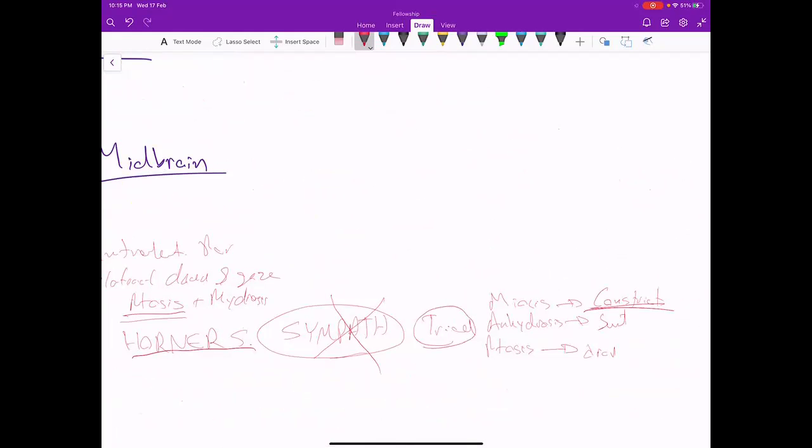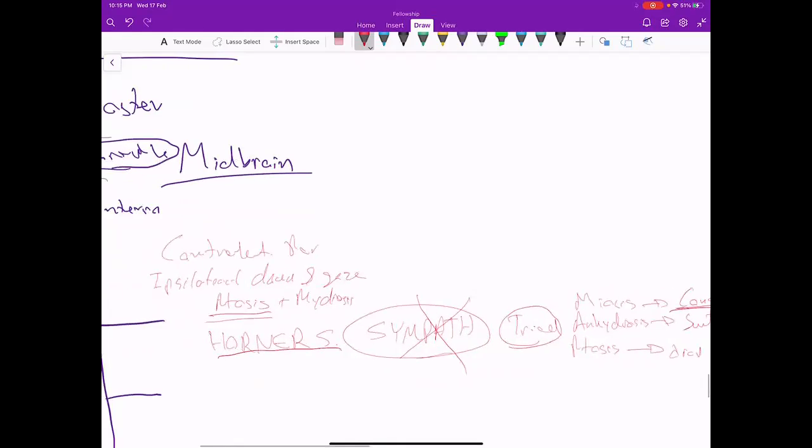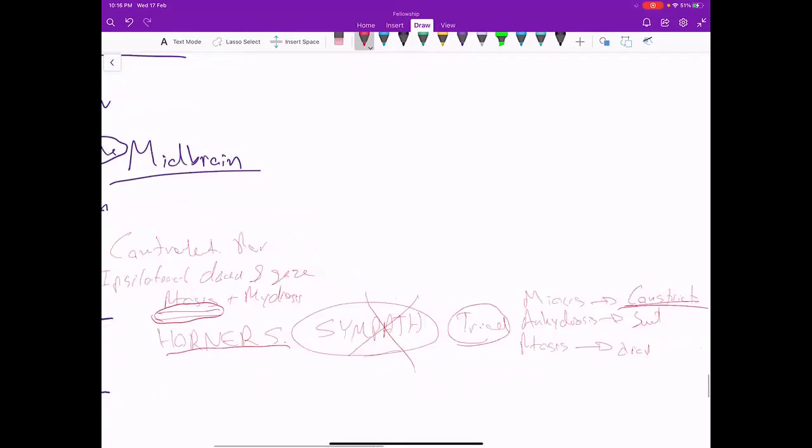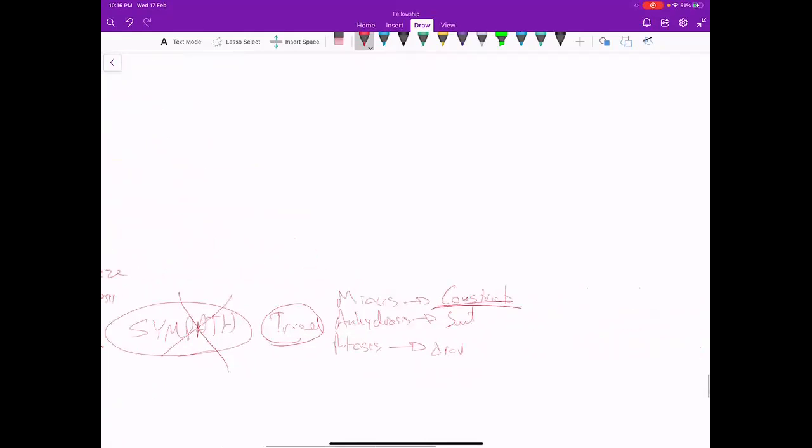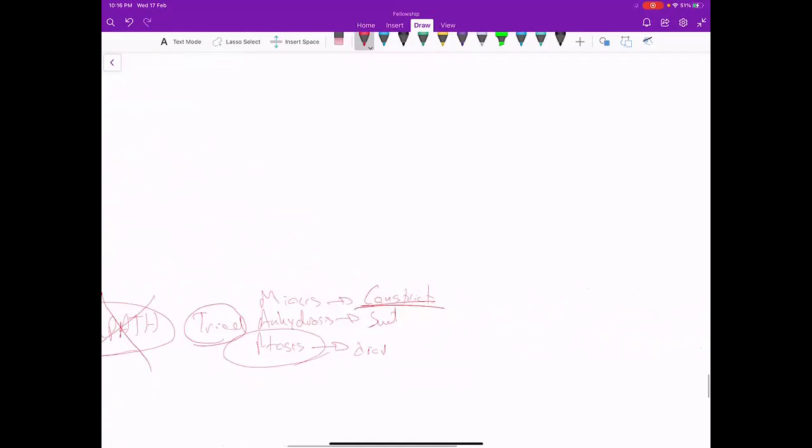So my question is, why do we get ptosis when we lose the parasympathetic innervation? And why do we get ptosis when you lose the sympathetic? You lose it both. It's very simple. The parasympathetic nervous system supplies the levator palpebrae, which is one muscle responsible for lifting the upper eyelid.